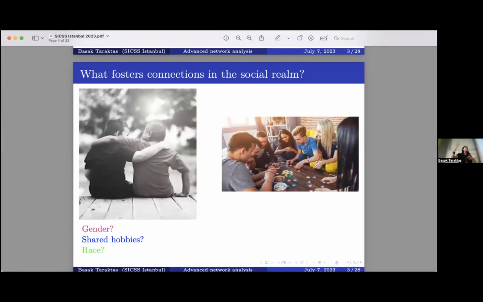For example, Akanoja and I wouldn't probably have met if we didn't both share computational social science as a shared area of interest. It could have been that we would have bumped into each other on a beach or something, but the likelihood is much smaller compared to other things. Or race can be a possible mechanism for fostering connections in the social realm.